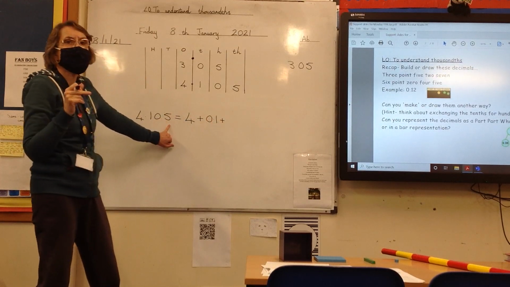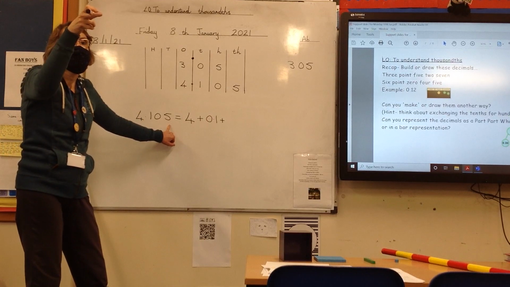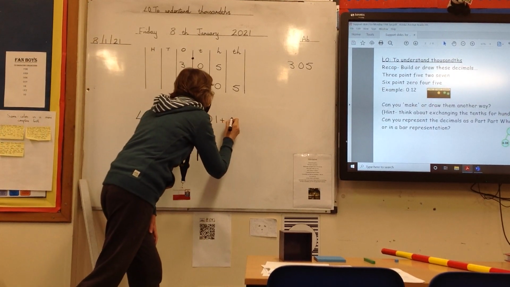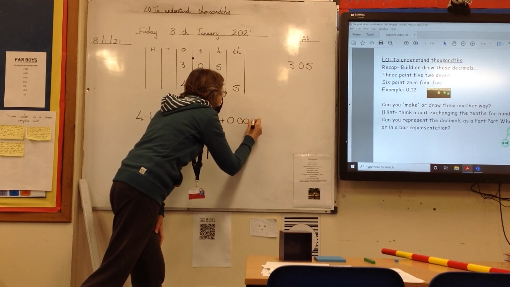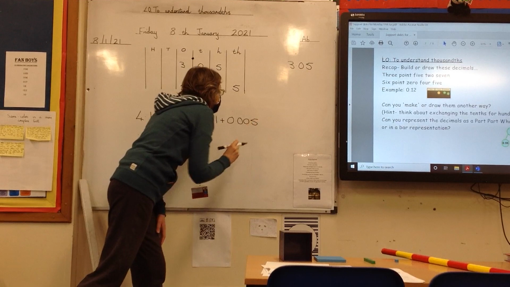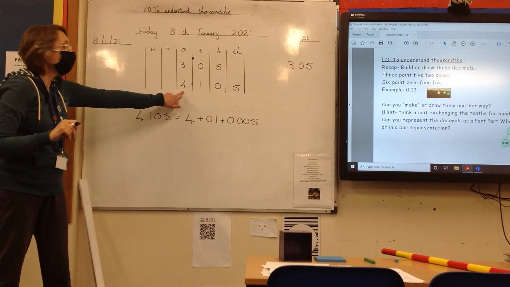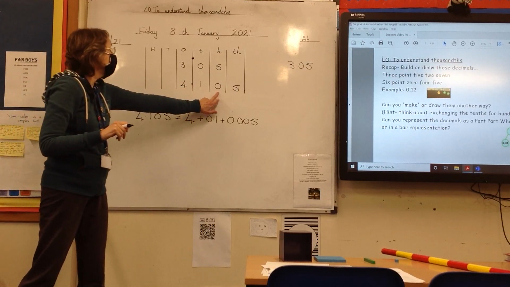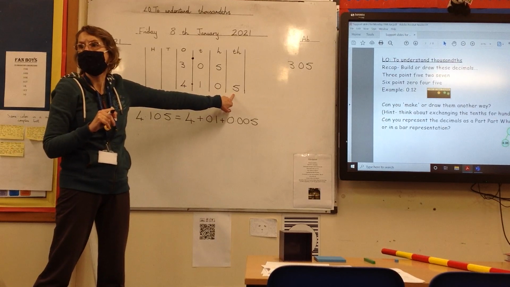And what's that number? What does that represent? 5 thousandths. Well done. So no whole ones, no tenths, no hundredths, 5 thousandths. So that number is 4 ones, 1 tenth, no hundredths, 5 thousandths.